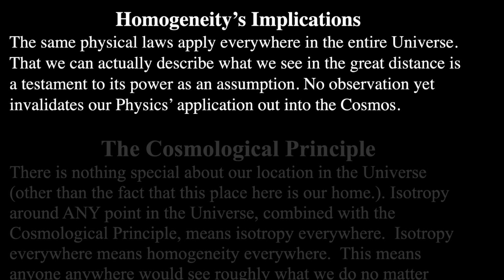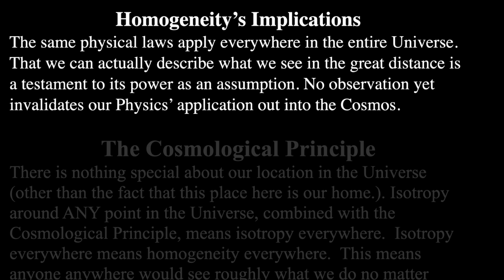That's actually a really good, powerful assumption that lends credence to this idea. And so far, no observation has invalidated our understanding that the current physics that we know locally, where locally means out to a few even megaparsecs, can't be applied to the rest of the universe.